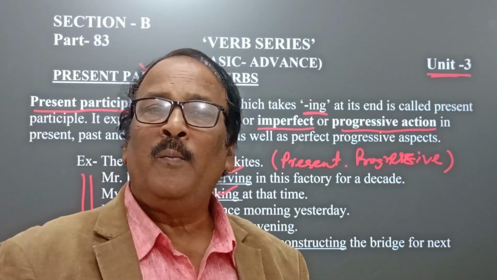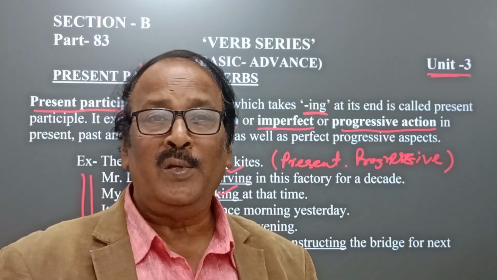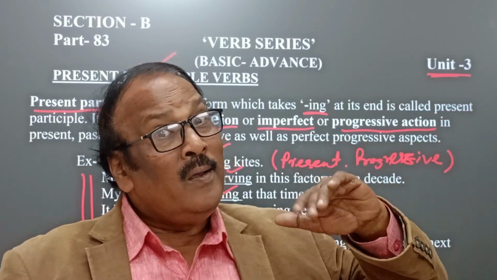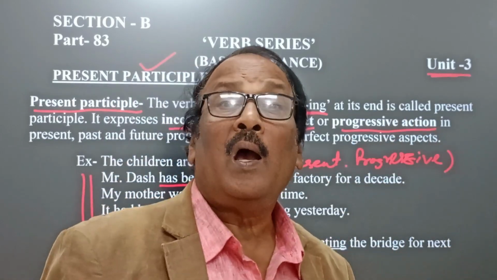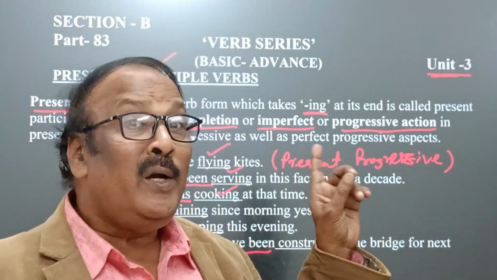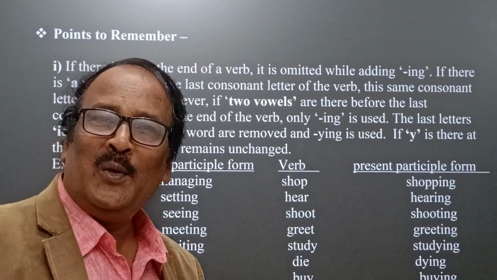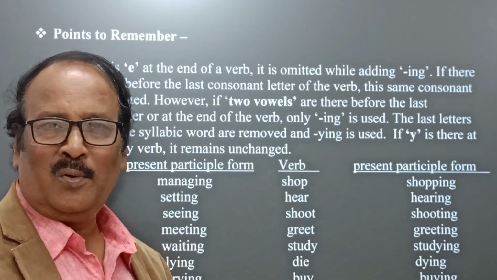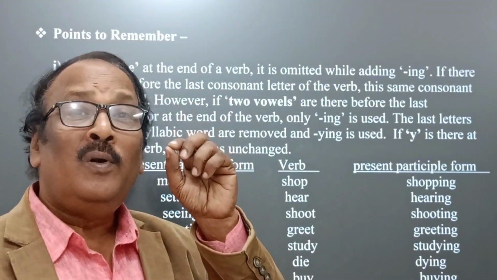It is used in present, past and future times to indicate continuous action in a progressive form and perfect progressive aspects. It should be carefully remembered. At the time of using present participle, we should be very careful in remembering all these very useful points.